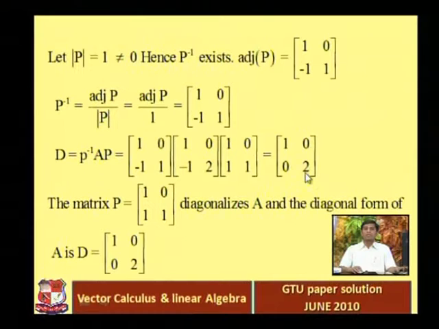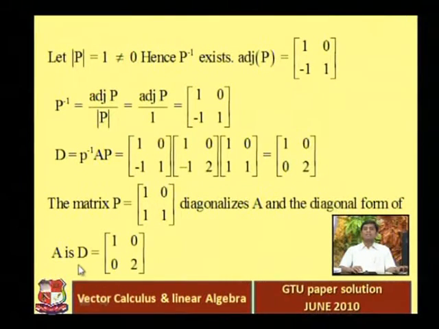So that's why here 2. So in the main diagonal entries you have 1 and 2. Other entries must be 0, because this is a diagonal matrix, right? So just try to understand. And when you multiply these three matrices, you will get this diagonal matrix 1 0 0 2. So the matrix P, 1 0 1 1, diagonalizes A, and the diagonal form of A is D, 1 0 0 2.